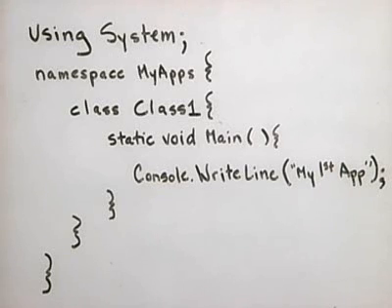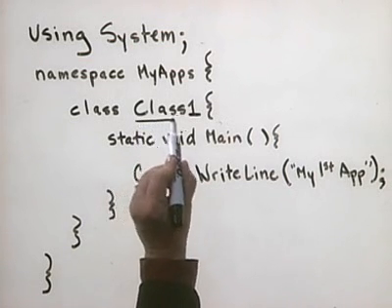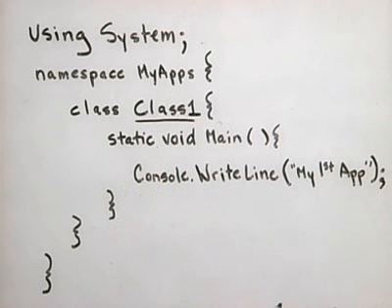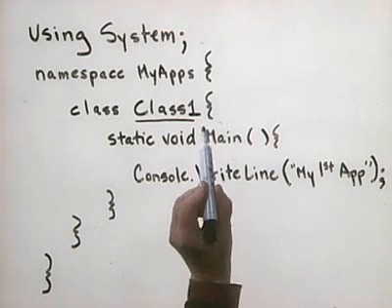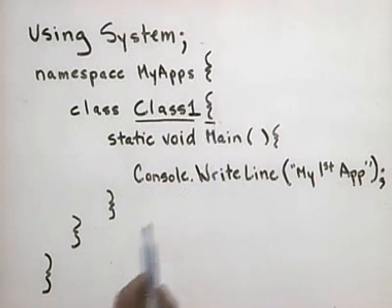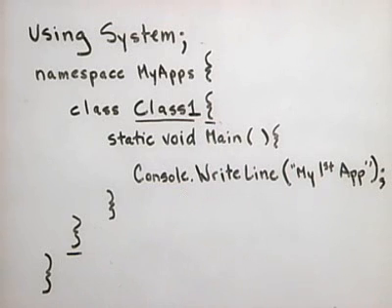The code that you're seeing here is an example of a very simple application. And this application contains one class called Class 1. And you can see the Class 1 definition right here. A class has to have an open brace and a close brace. And everything between is what makes up the class definition.